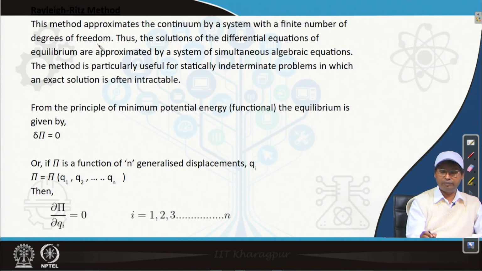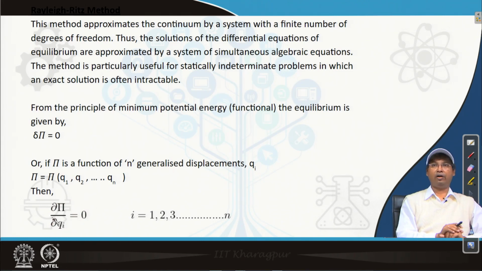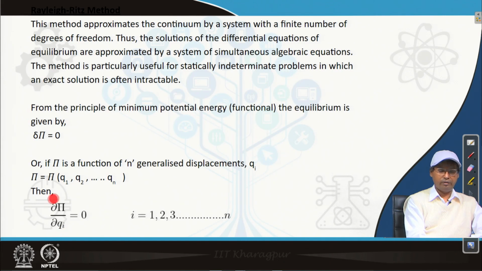Here, the degrees of freedom or displacements, then pi may be expressed as a function of q 1, q 2 to q n, and then with respect to each and every displacement variable we consider the variation, or in mathematical terms we say it is the partial derivative with respect to that particular displacement, and each partial derivative equation will lead to one equation.